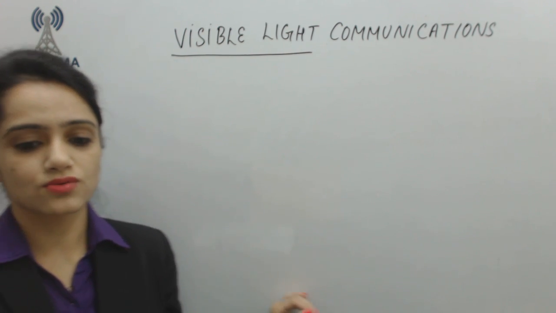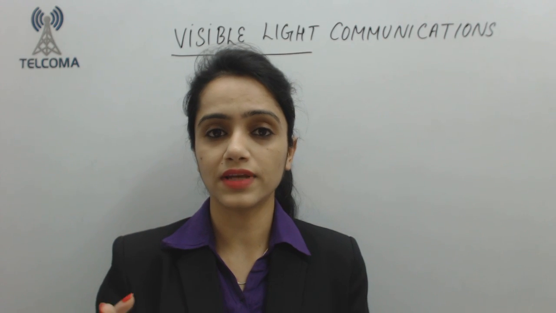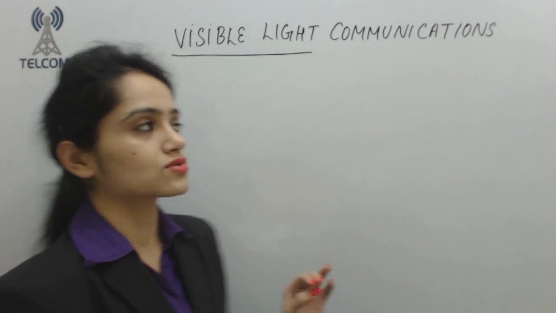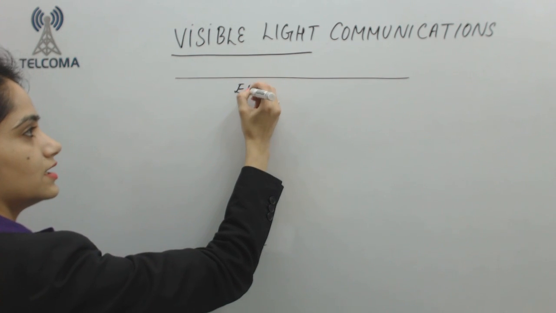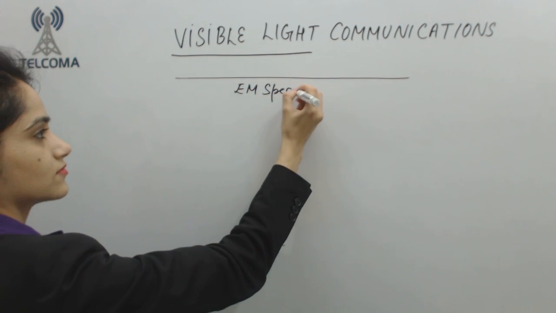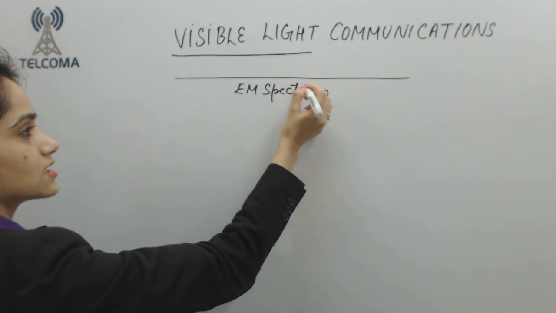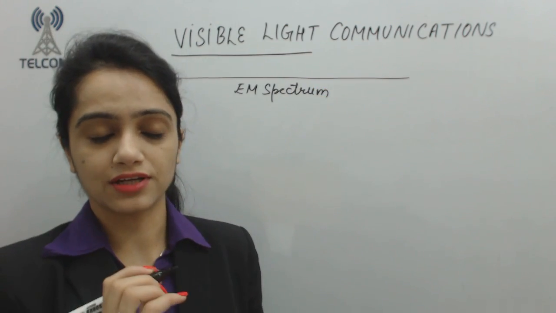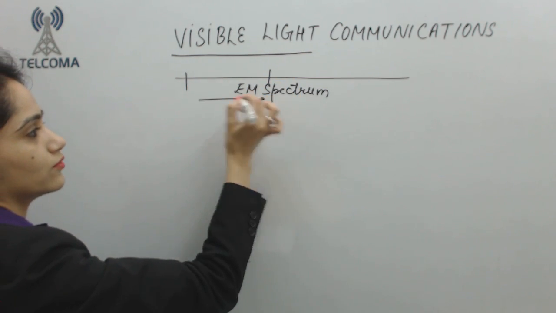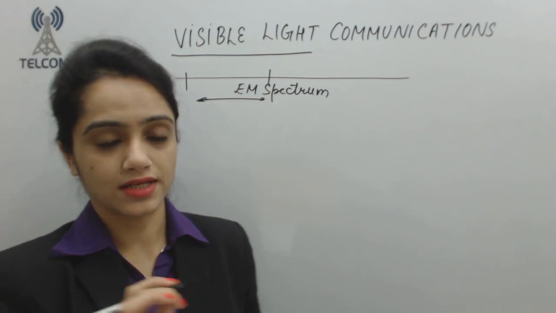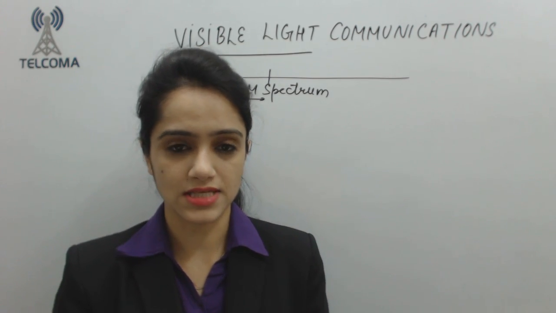Now, visible light is only a small portion of the electromagnetic spectrum. This is the complete EM spectrum, and visible light is a small portion of it.